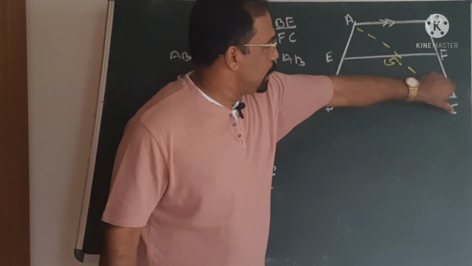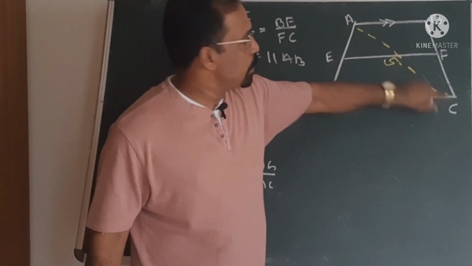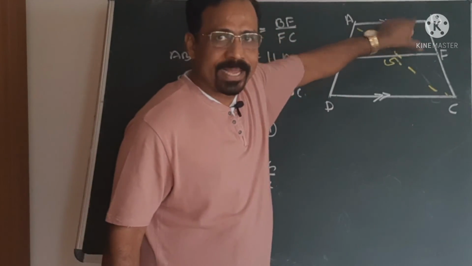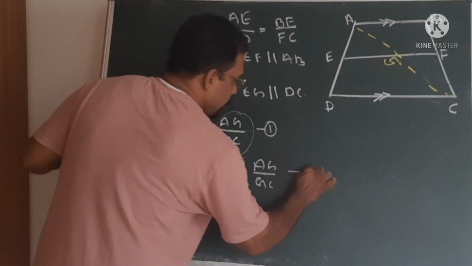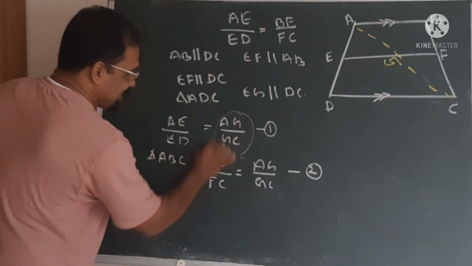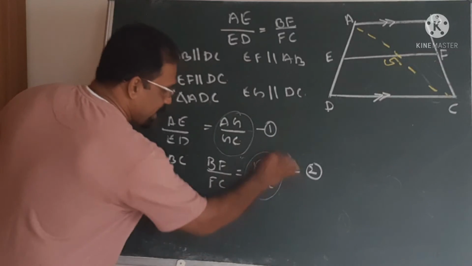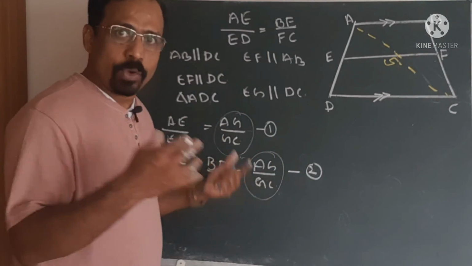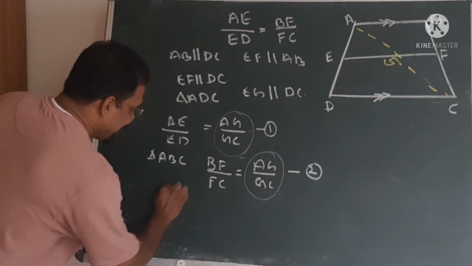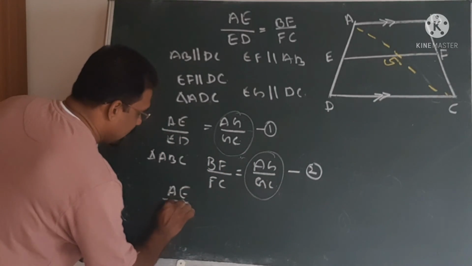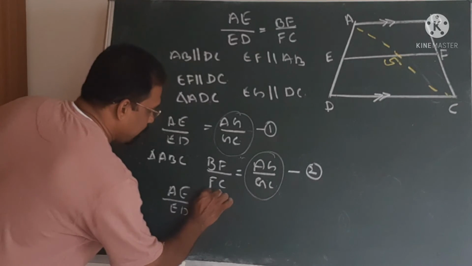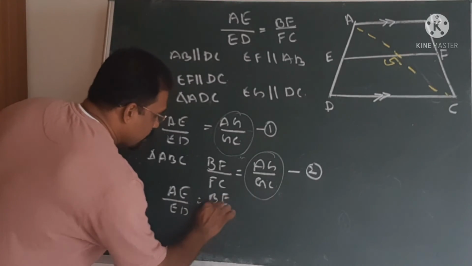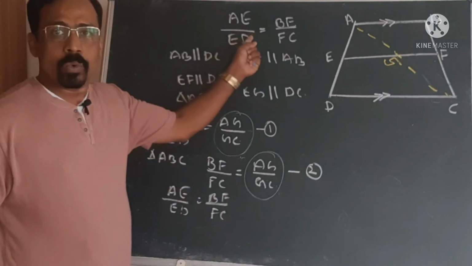This divided by this is equal to this by this, because these two lines are parallel. Let it be equation number 2. Now you see AG by GC, and here also we are having AG by GC. If RHS are equal, LHS will also be equal. Therefore AE by ED is equal to BF by FC. This is what we have to prove.